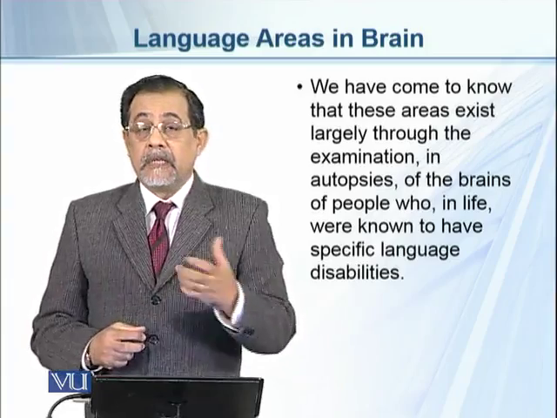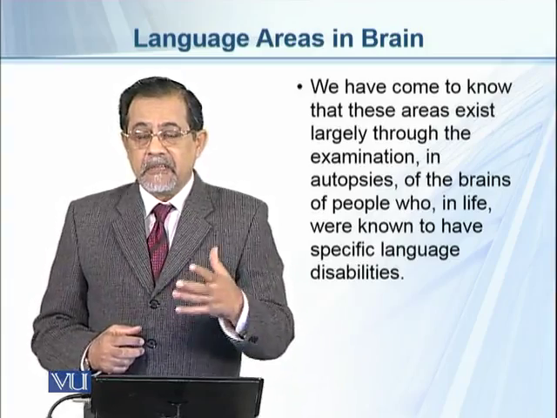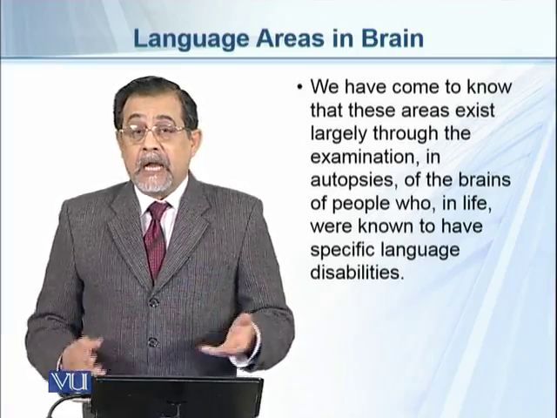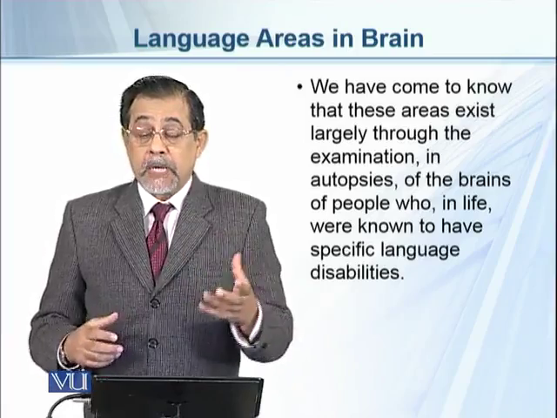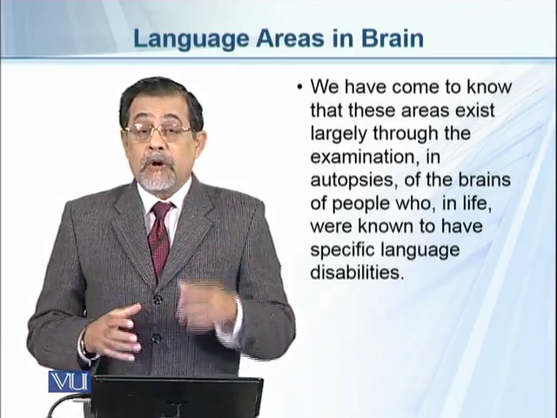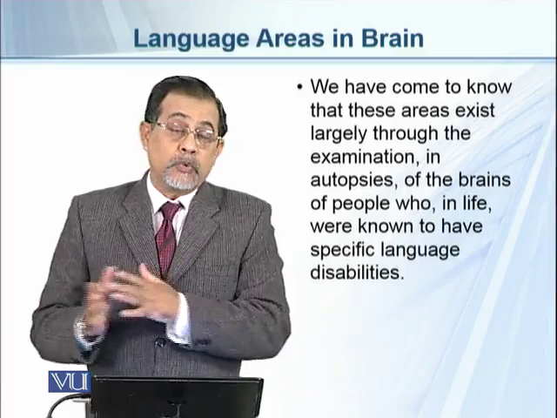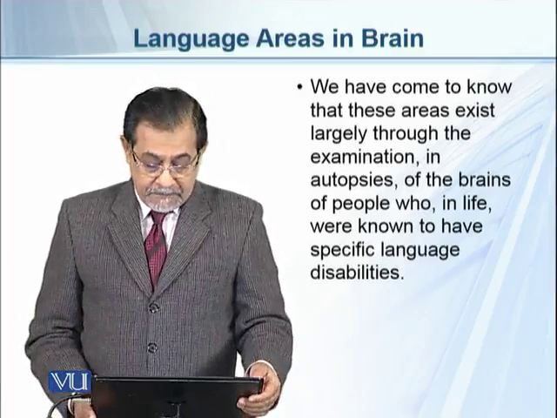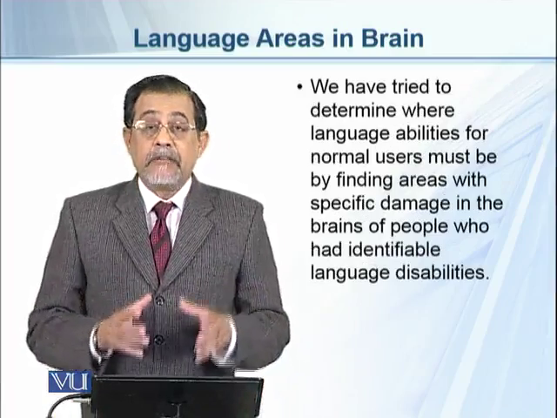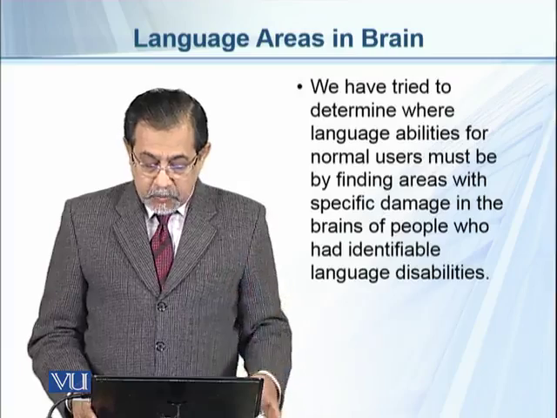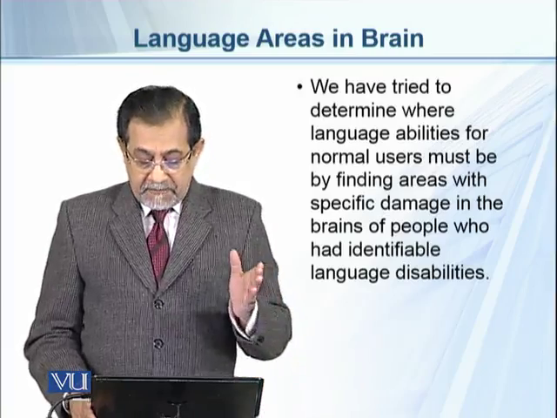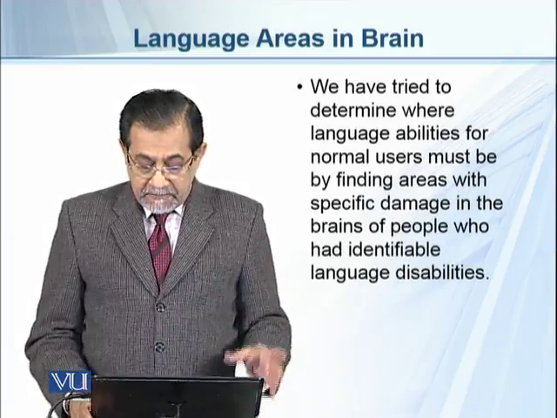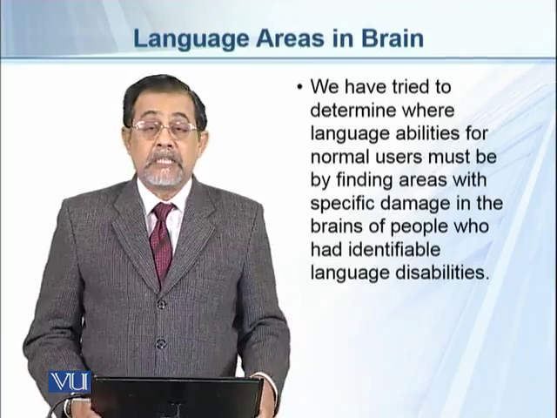They learned this after many discoveries, during autopsies and post-mortems, especially of those people who were known to have had speech problems in their lives. So we have tried to determine where language abilities for a normal user must be by finding areas with specific damage in the brains of people who had identifiable language disabilities.